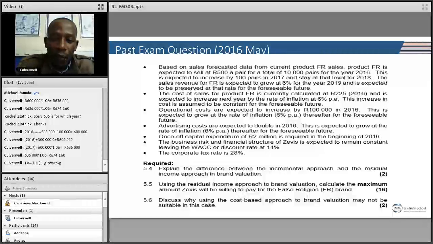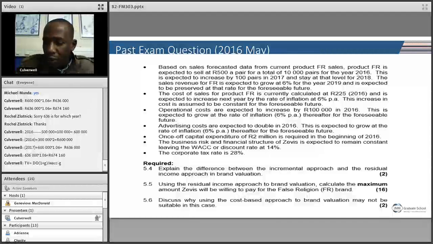So where are we getting the growth rate? It is the one that was mentioned, which is the rate at which FR will be increasing from the beginning of year 2019 onwards, which is exactly the same rate Z will also be increasing from year 2019 onwards. So basically that's how you calculate your terminal value.